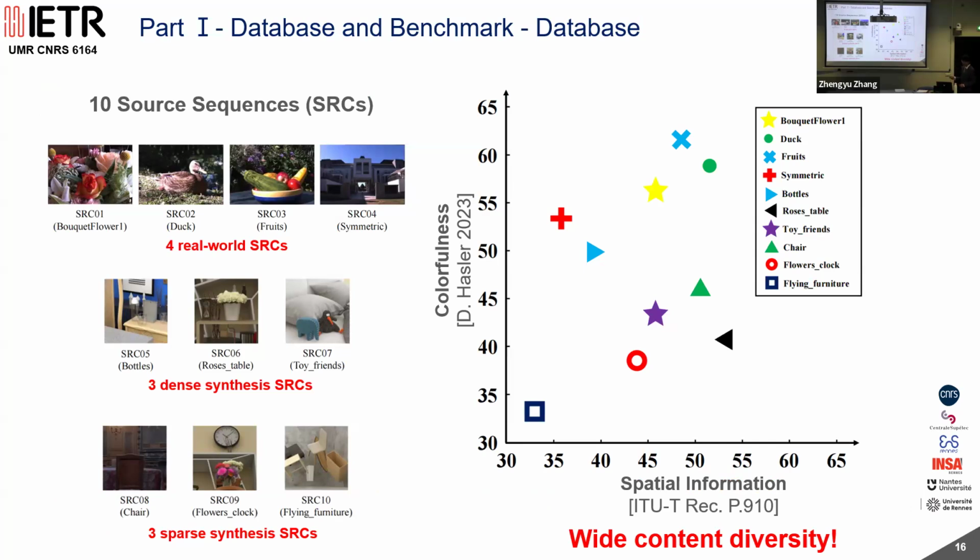Specifically, there are 4 real-world light field images, 3 dense synthetic light field images, and 3 sparse synthetic light field images. On the right side, we provide the spatial information and colorfulness of our selected SRCs, and we can clearly see that our 10 SRCs have wide content diversity.